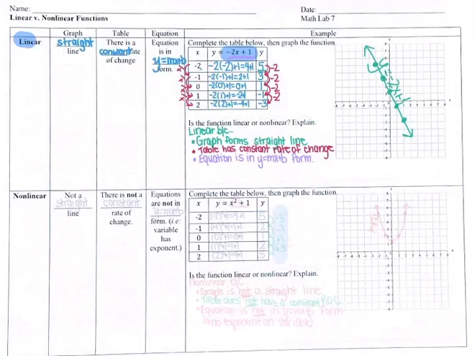Awesome. So now let's figure out what a nonlinear function looks like. It has the complete opposite traits of a linear function. So our graph is not a straight line. Our table does not have a constant rate of change.